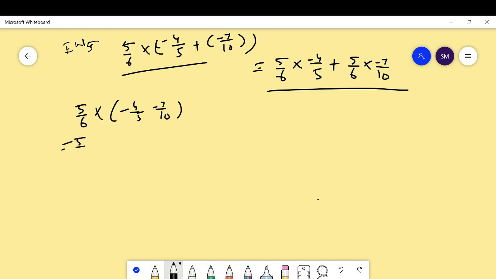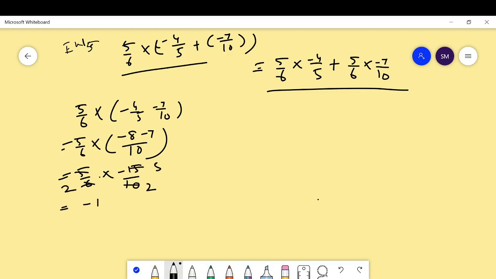Take 10 as the LCM, minus 8 minus 7. This is 5 upon 6 into minus 15 upon 10. Then this cancels, we get minus 5 upon 4 in LHS.